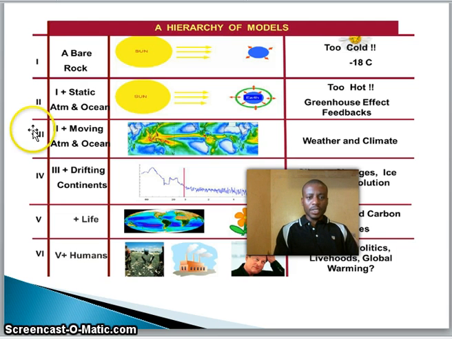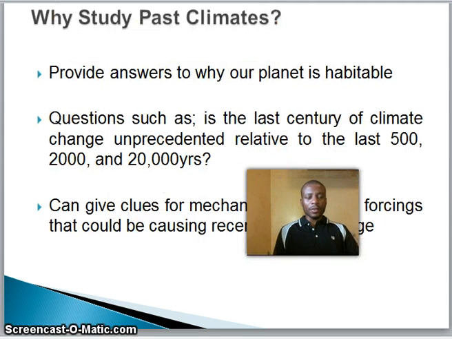So we can clearly see here that the Earth history in terms of climate begins from this state. I'd like us to keep that in mind as we follow the talk.